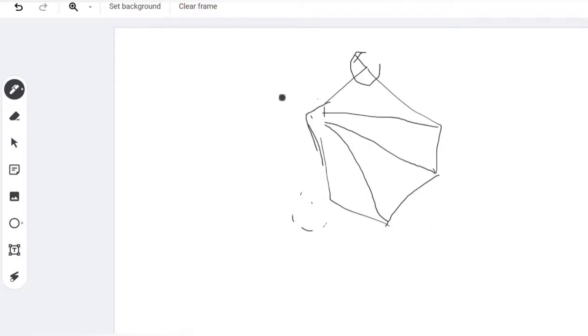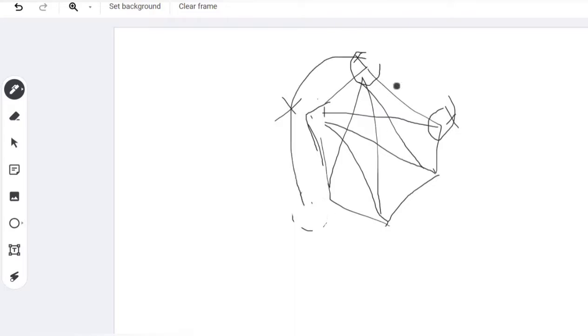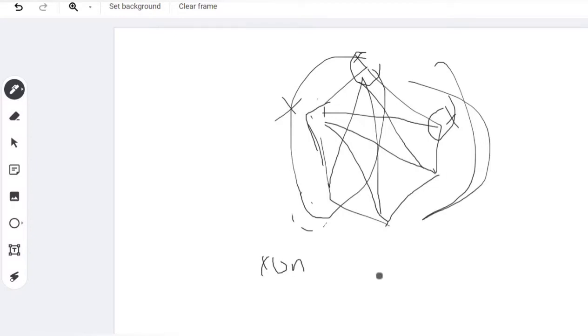Similarly, for this node, we cannot connect to this, we cannot connect to this, we can connect to 1, 2, 3, and similarly for this and this. So we have to skip these 3 nodes and connect to n minus 3 nodes. So the total number of connections for one computer will be n minus 3, and there are n computers in total, so times n.